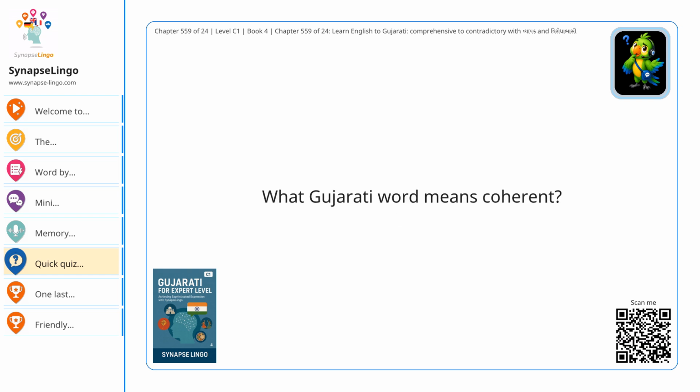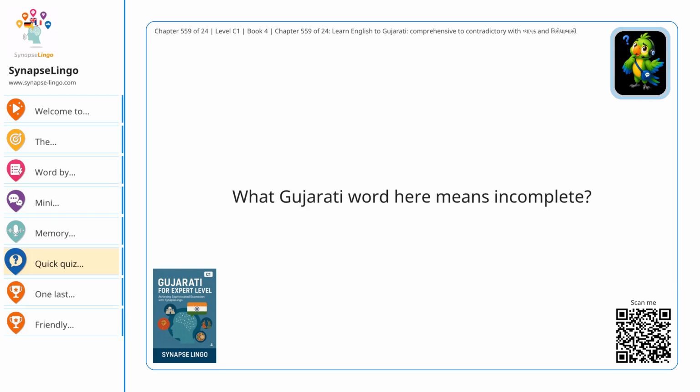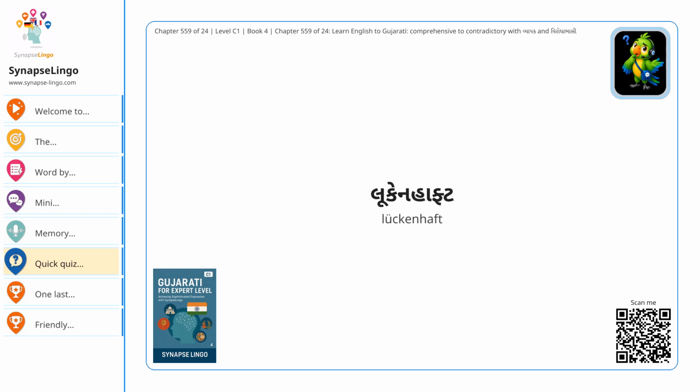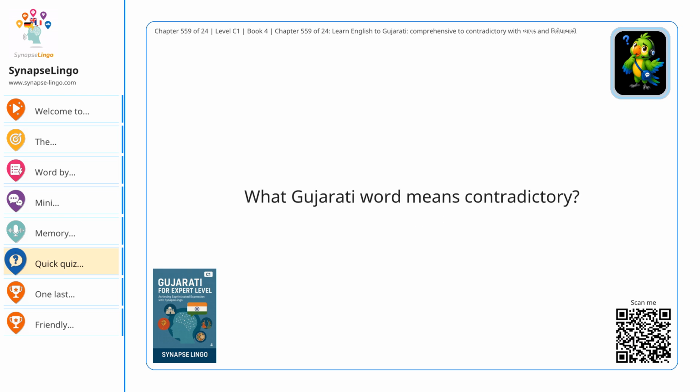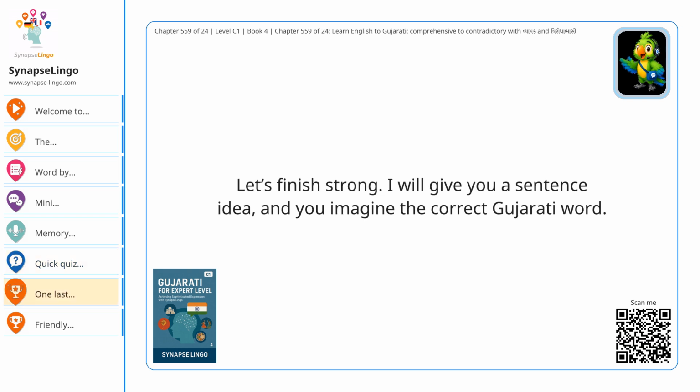What Gujarati word means coherent? તાર્કિક. What Gujarati phrase means comprehensible? સમજાય તેવું. What Gujarati word means incomplete? લુક એન્ડ હાફ્ટ. What Gujarati word means contradictory? વિરોધાભાસી. One last challenge. Let's finish strong.